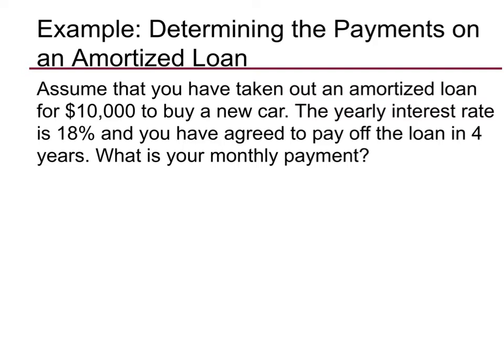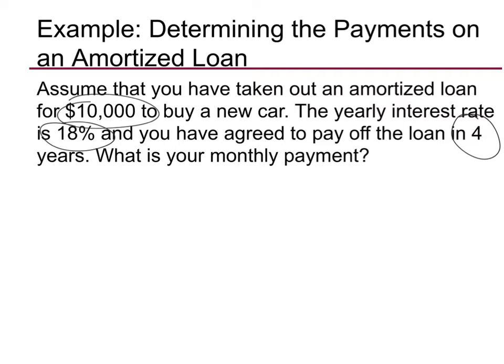This is an example that I'm going to go through using the Excel file in the next video. But in here we are taking out an amortized loan for $10,000 to buy a new car. The yearly interest rate is 18%, so a pretty high interest rate on that car, and we're paying it off in 4 years. Want to know what the monthly payment is?